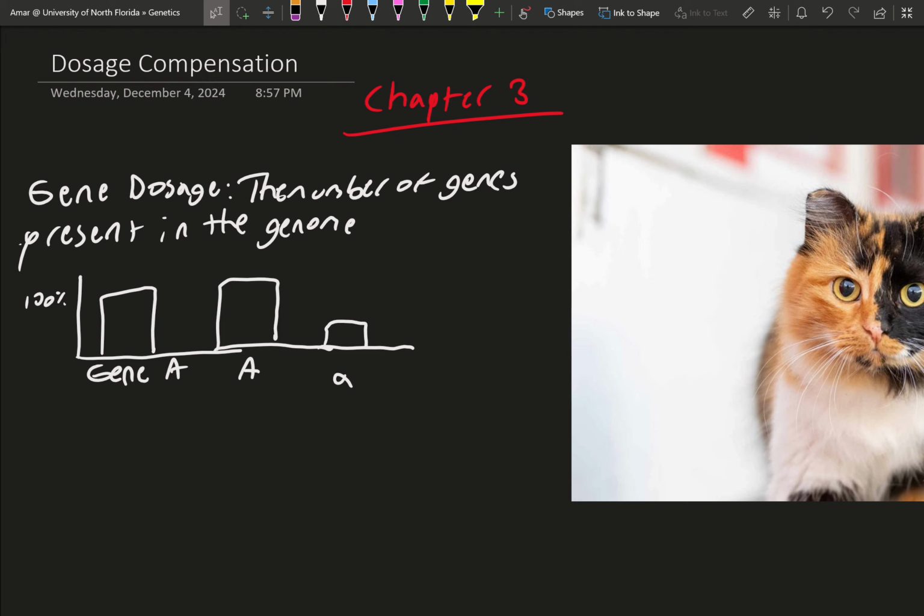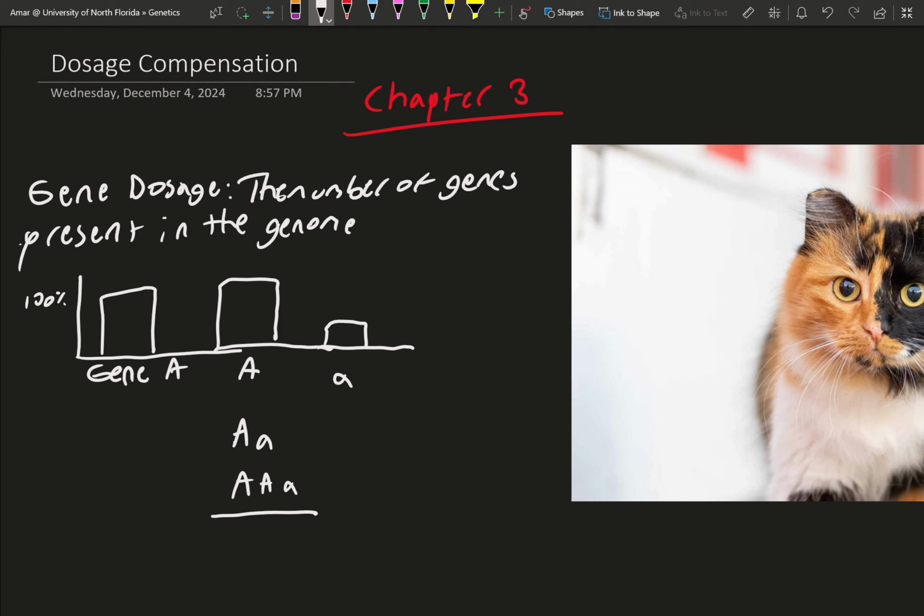So this is basically what is referred to as gene dosage: if you were to have another set of genes, like let's say an individual has a genotype of big A, little a, but we added another gene A into this genotype, which will be big A and then little a as well. This individual will come into an issue where now you have more activity than what you were supposed to have initially.